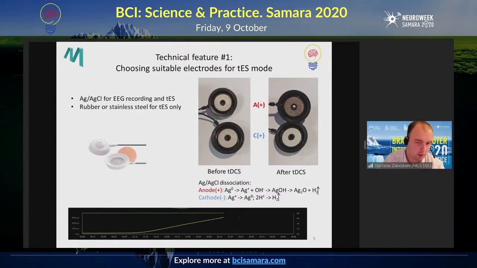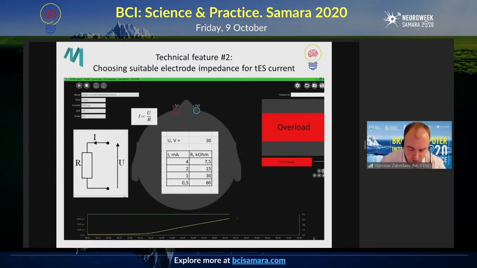But however it may be, if you need to use a direct current for stimulation, it's better to use either stainless steel electrodes or electricity conducting rubber. If you need to use alternating current stimulation, then silver electrodes can be used to acquire EEG data.